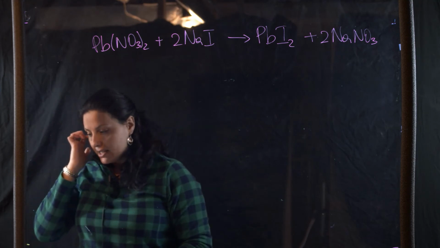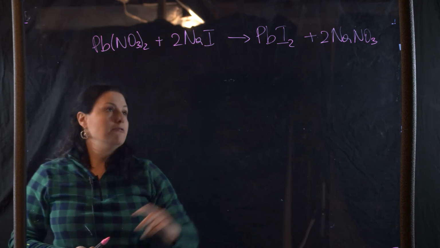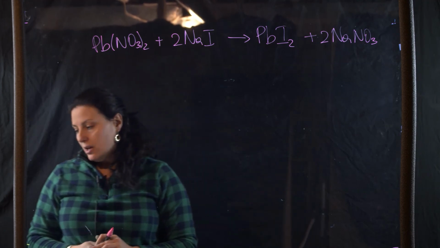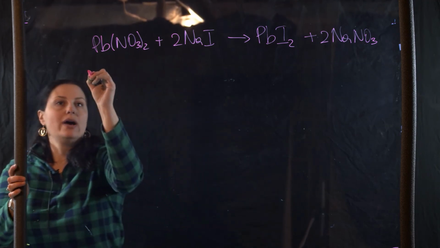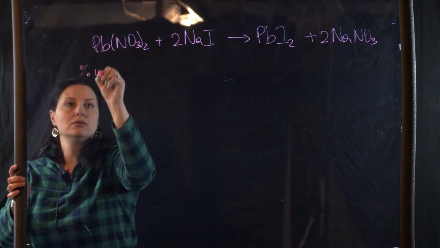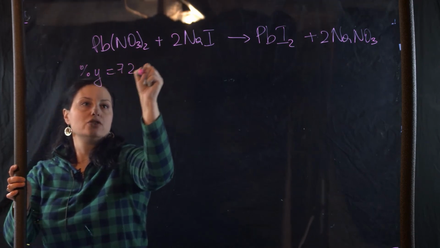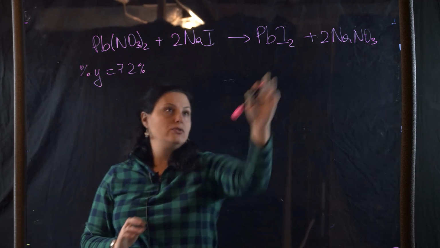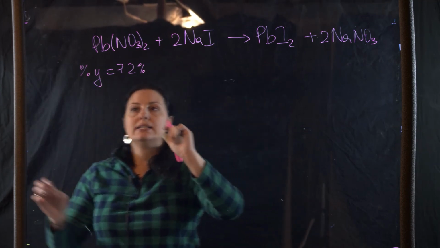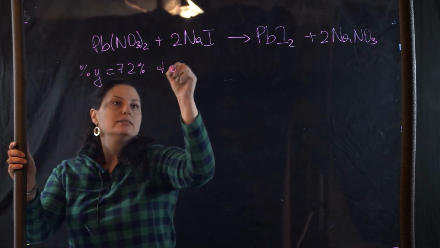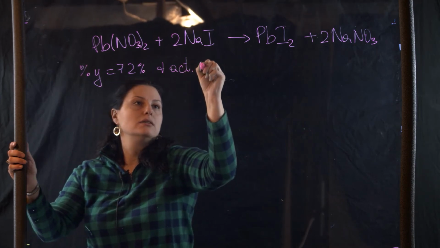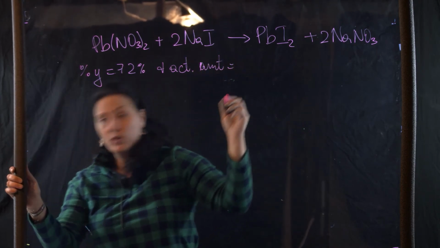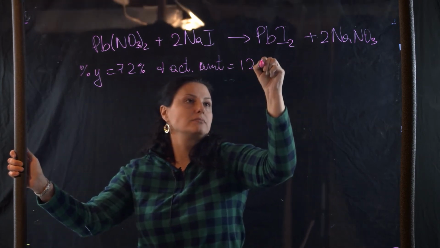If the percent yield for lead 2 iodide was 72%, so I'm told the percent yield is actually 72%, and the actual amount that was collected of lead 2 iodide is 12.5 grams.